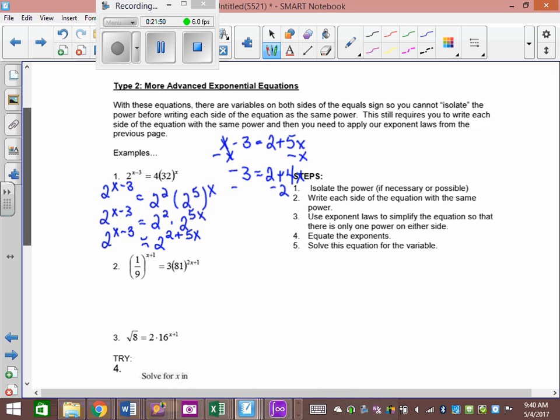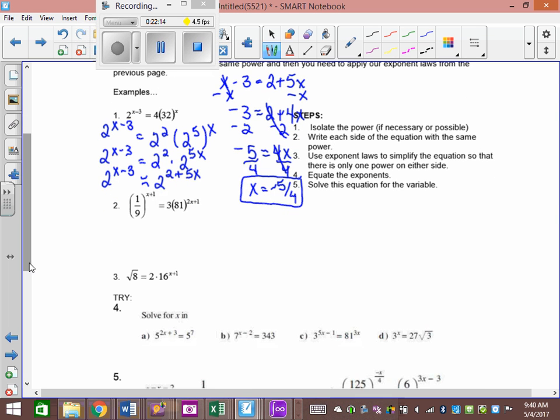Subtract 2. Negative 5 equals 4x. Divide by 4. And x equals negative 5/4. Now, we can still check this. We could take the negative 5/4, plug it in, and see if the left side equals the right side. Correct? Same thing. Didn't make it any different.